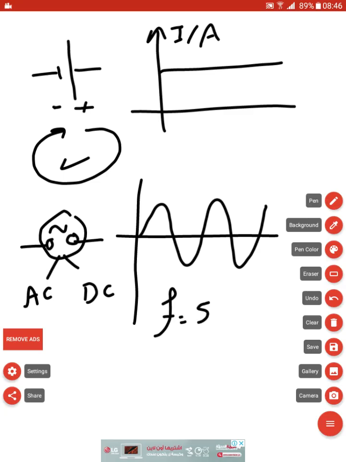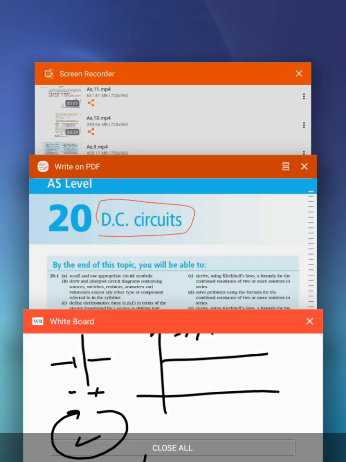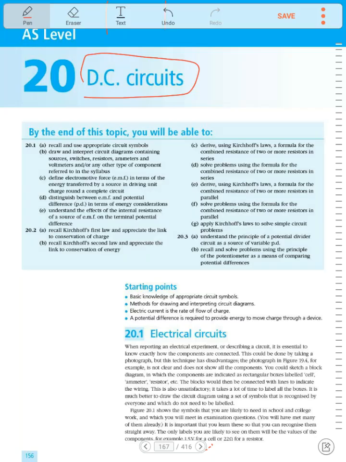Frequency in houses reaches about 50 hertz. That means the current will move in both directions. Once the current moves anti-clockwise, and then it's back to clockwise, and its value goes from 0 to maximum, back to 0, back to negative value of the maximum, and so on. So this is the alternating current.